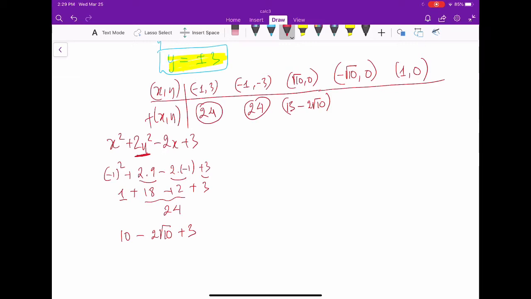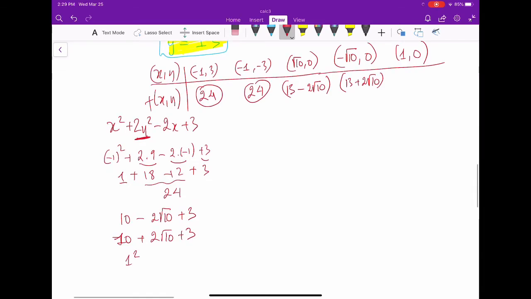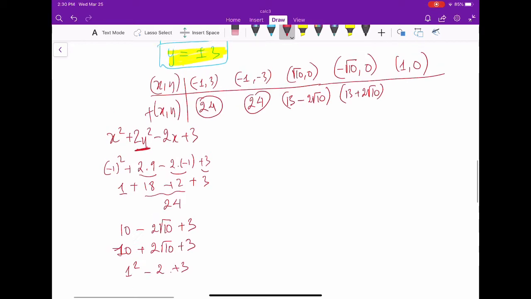And at negative square root of 10, you would get 10 in here, and then plus 2 square root of 10 plus 3. So I get 13 plus 2 square root of 10. And at (1, 0), you plug 1, 0 into this function, you get 1 squared minus 2 and then plus 3, which is 2.